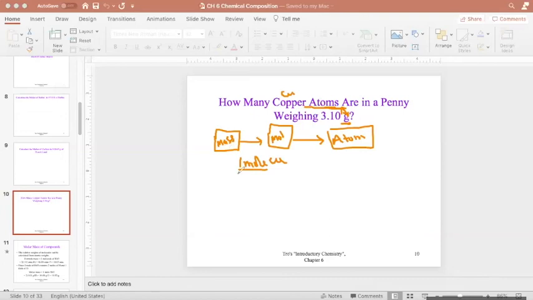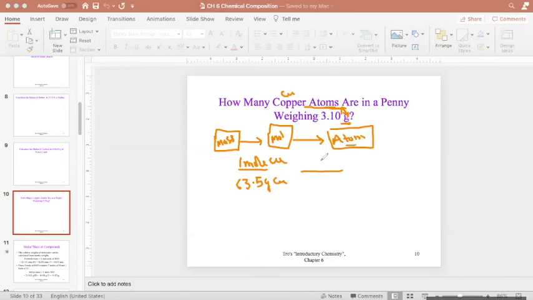And what's the atomic mass of copper? 63.5 from the periodic table. This is rule number 1. 1 mole equals the atomic mass of copper. What should be the second conversion factor between the last two boxes, mole and atom? We use Avogadro's number.